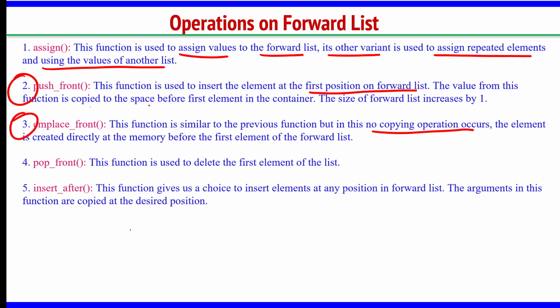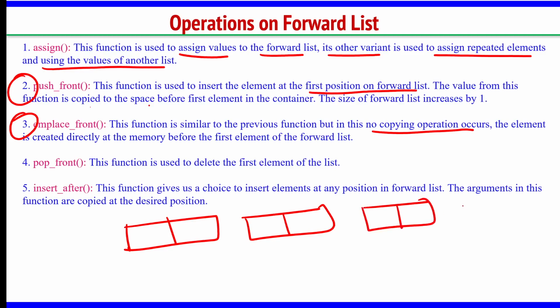Assume there is a list. I will draw the linked list diagram so that you understand better. Anyhow, it is not stored this way, but I am just explaining how it is done internally. Push front is used to insert the element at the first position of the forward list. In this location it will insert.